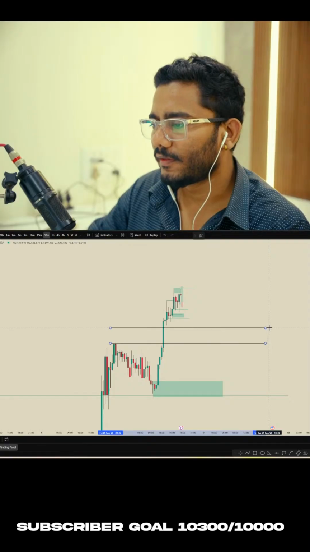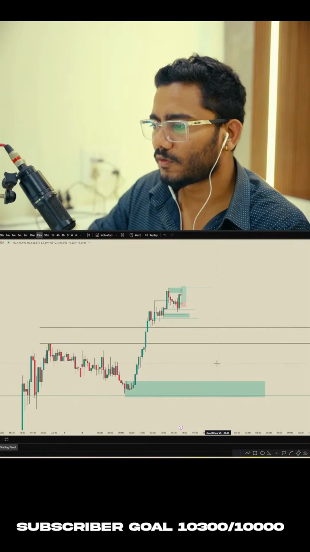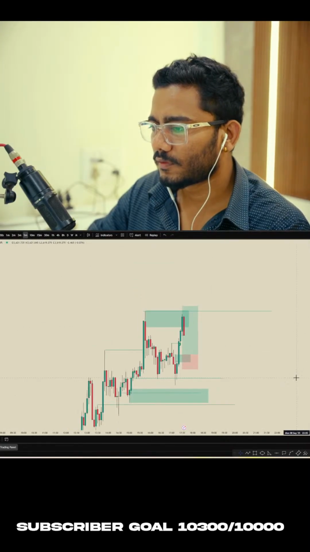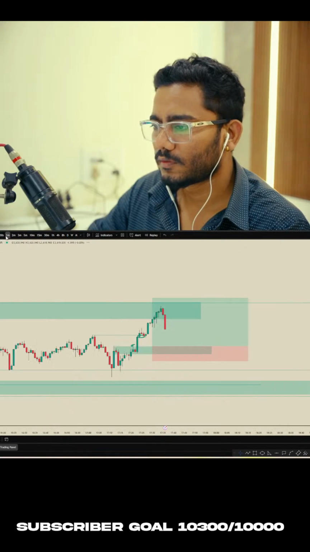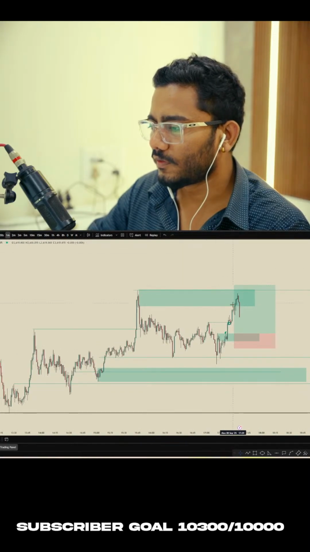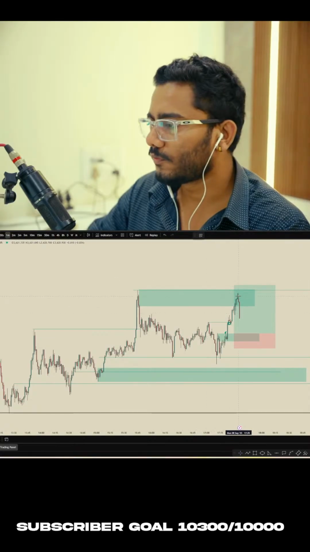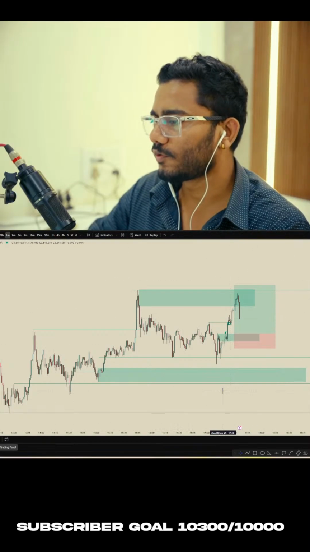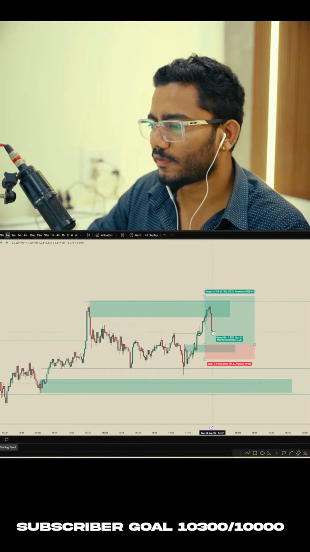Like price has created this imbalance. This is the structure where we look for buy side. We also have two order blocks, this one and this one. Let's see. The price is reacting. If there is a move which took out both these order blocks and does not give us any reaction, then we look for chalk. But right now the move is coming to the order block. Let's see.